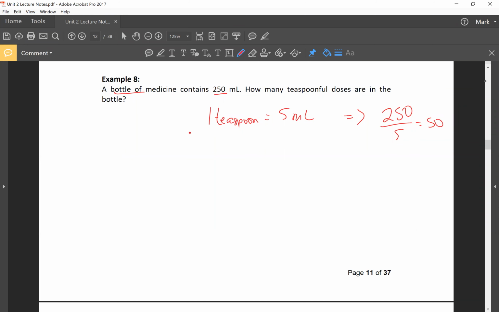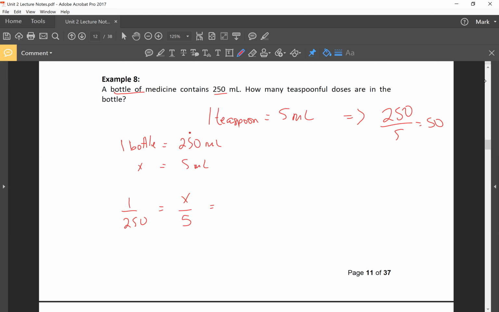But realistically, I think what we're going to do is in one bottle of medicine, we know we have 250 milliliters. So the question is, how many teaspoons will we have in 5 milliliters? So you can make up your little ratios here. 1/250 equals x over 5.